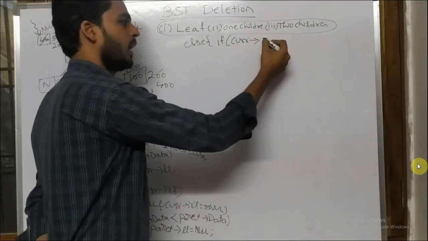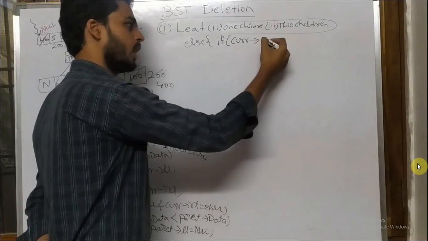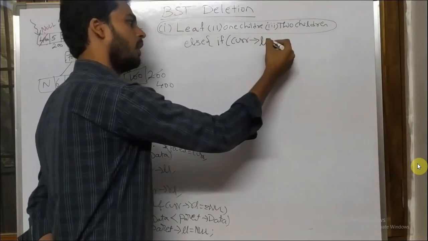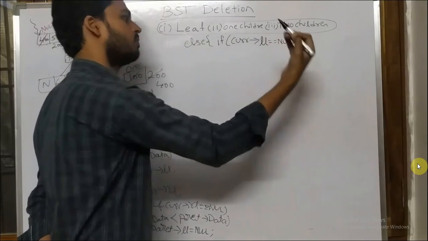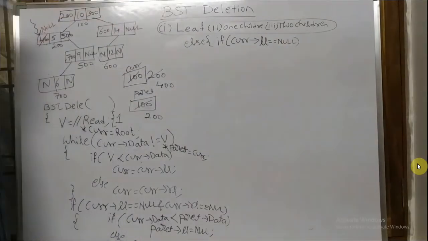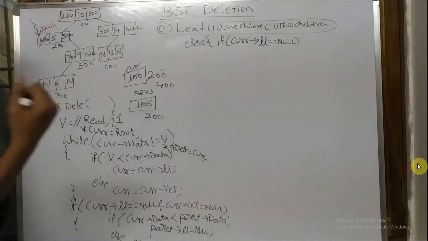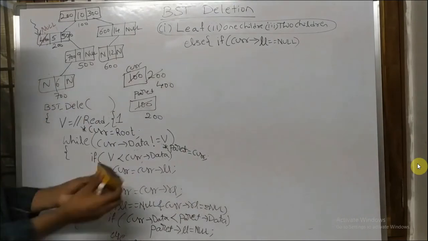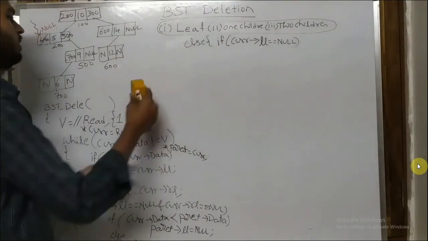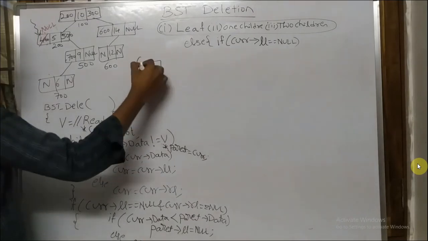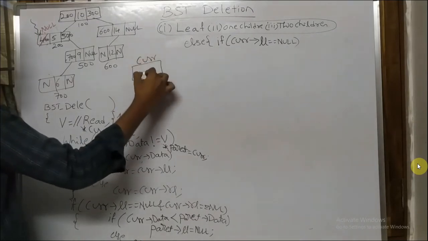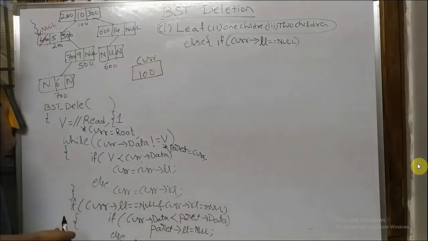If current->left link is equal to null. If current->left link equal to null, what is the meaning of this? For example, one second we'll see. For example, current address is 100.